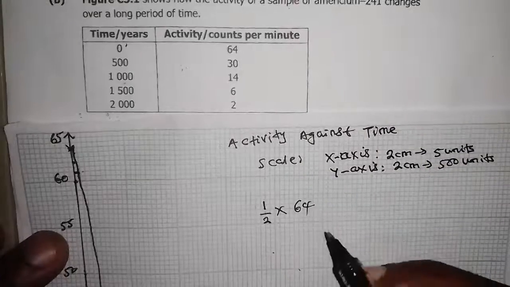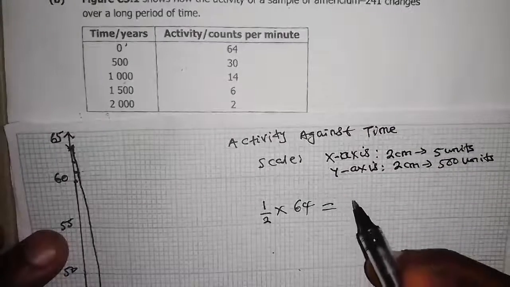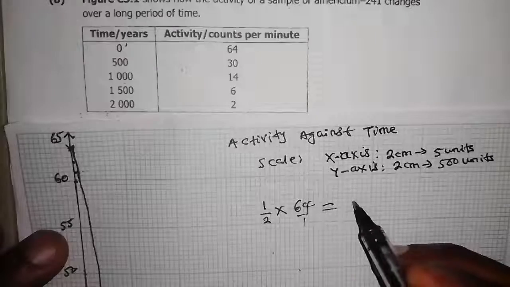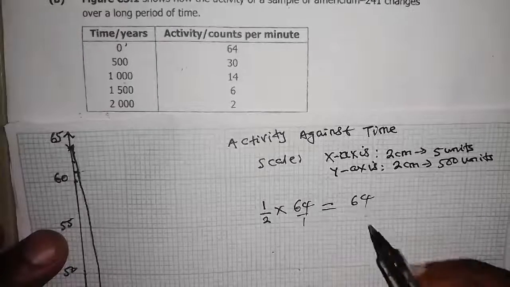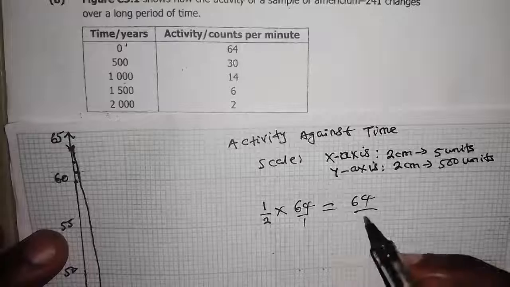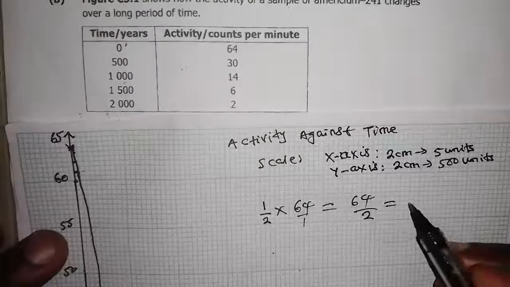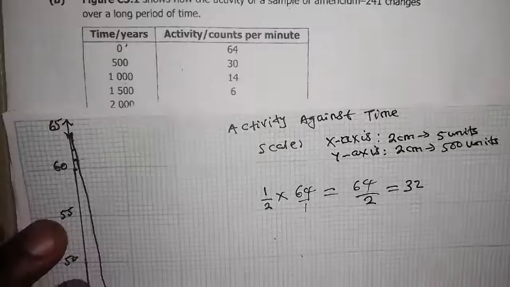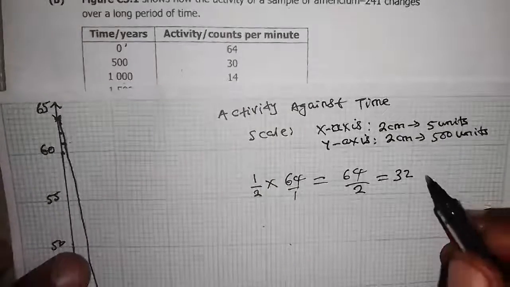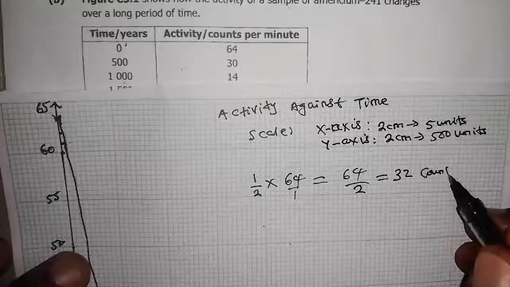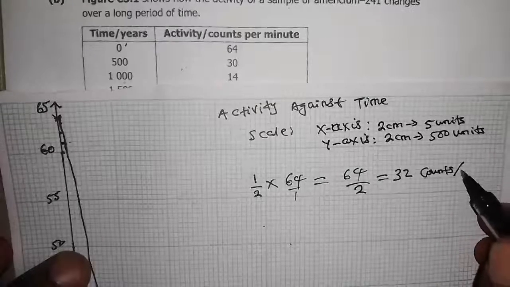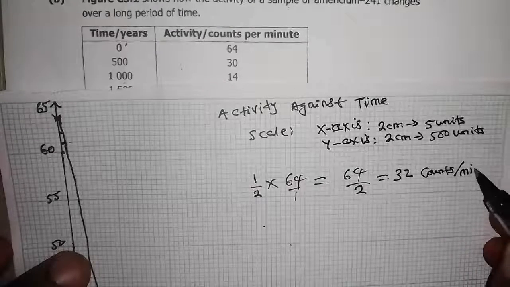This is 1 times 64 is 64, and 2 times 1 is 2. So 2 into 64, this is 32 counts per minute.